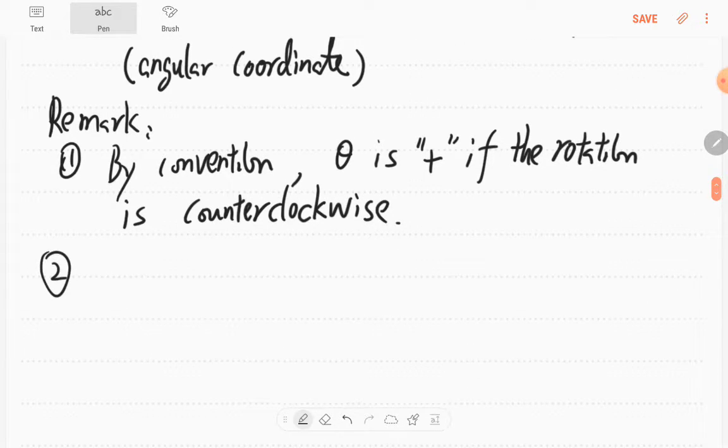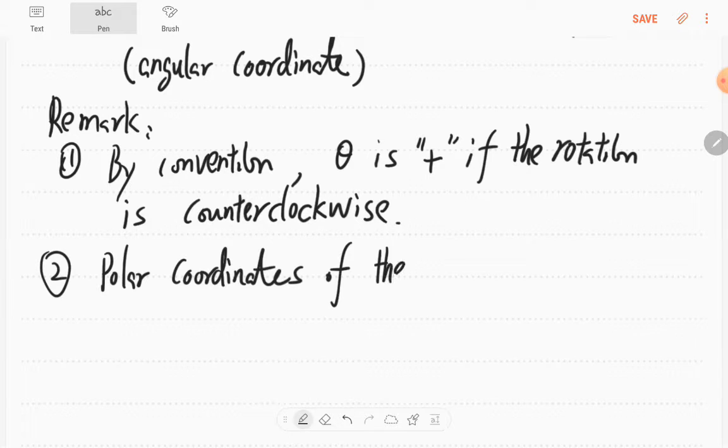2. The polar coordinates of the point P are not unique. Not like the xy coordinates, where every P has only one xy pair. But for polar coordinates, it's not unique.